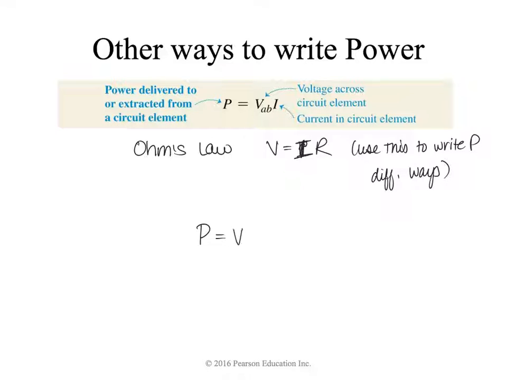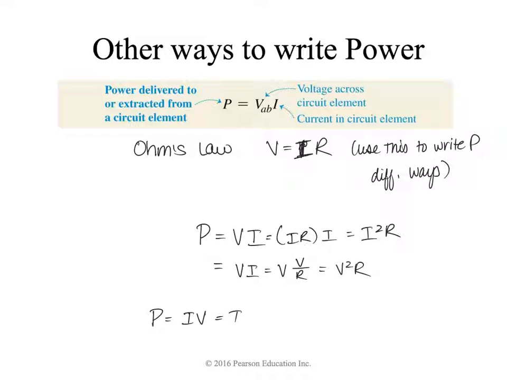We can replace the V in V times I with I R and then times I, and so we can write I squared R. We could also replace the I term in V times I with V over R, so V times V over R, and we get V squared over R. So different expressions for the power, now we have it three different ways: I times V, or I squared R, or V squared over R. These are different ways to write the power that's either gained or lost through an element in our circuit.